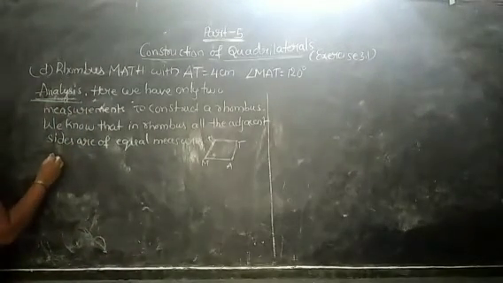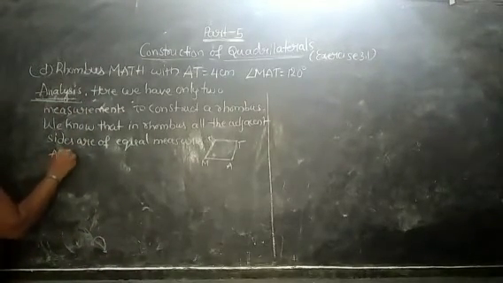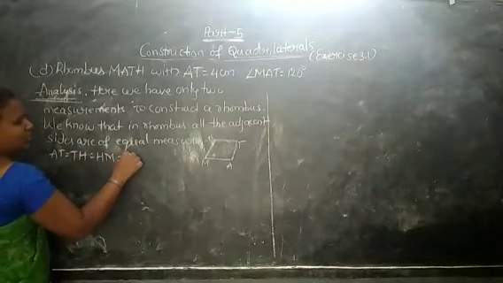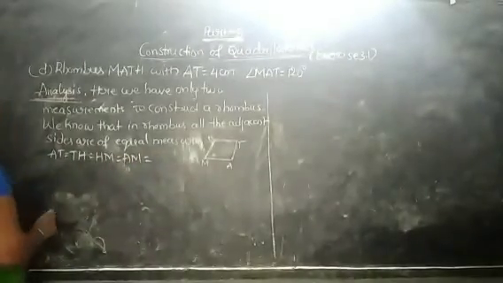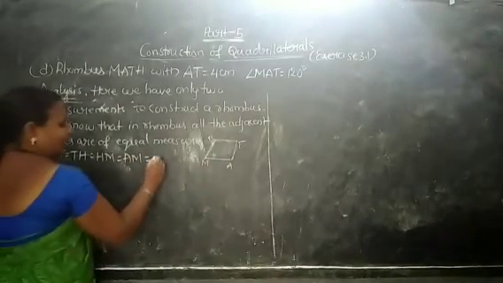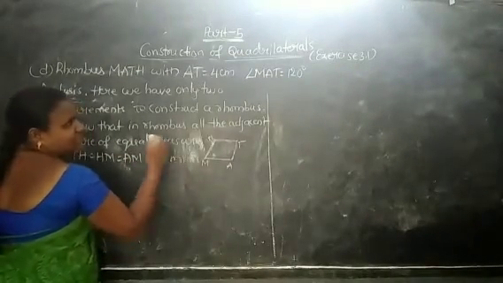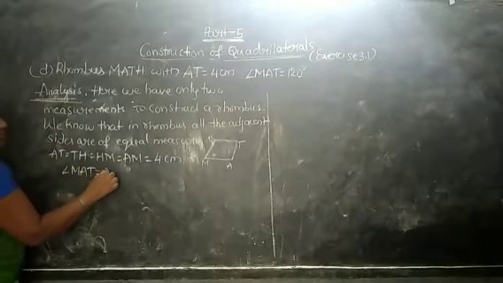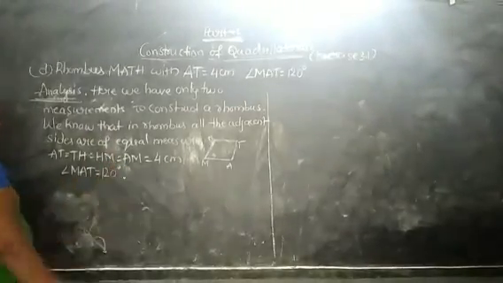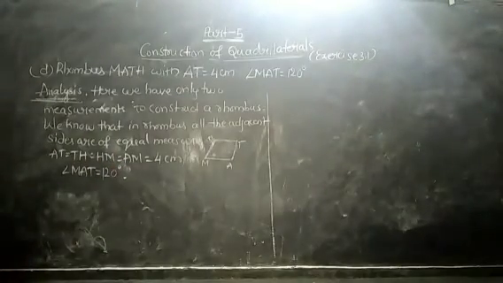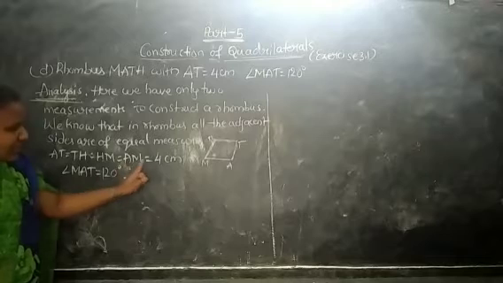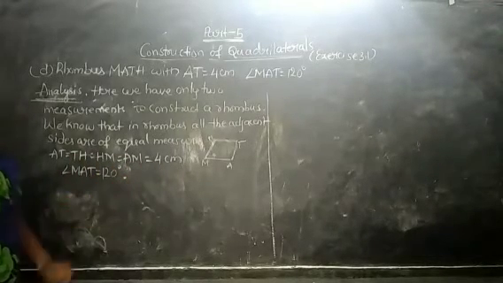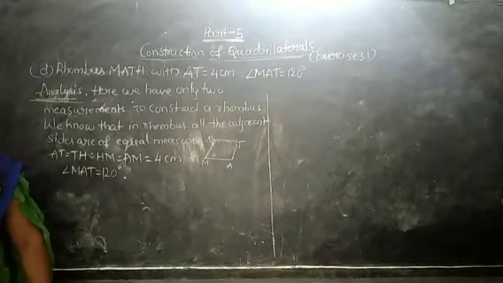So write AT equals TH equals HM equals AM, all of equal length 4 centimeters, and angle MAT is equal to 120 degrees. Okay, so 4 sides and 1 included angle are given.